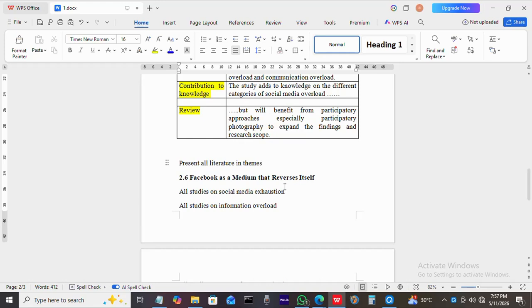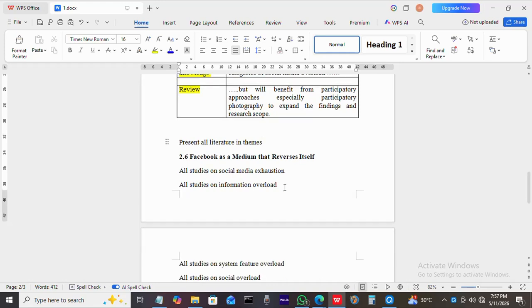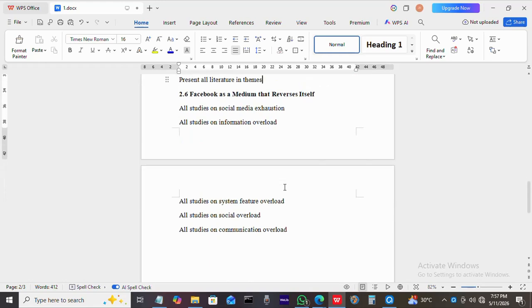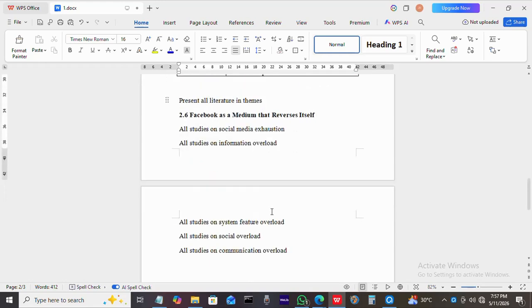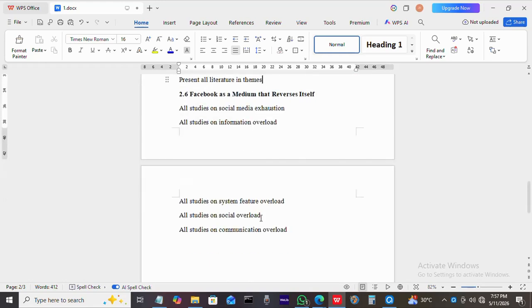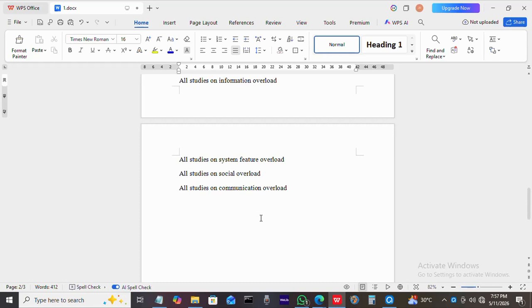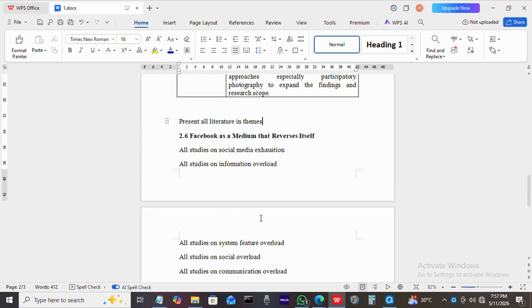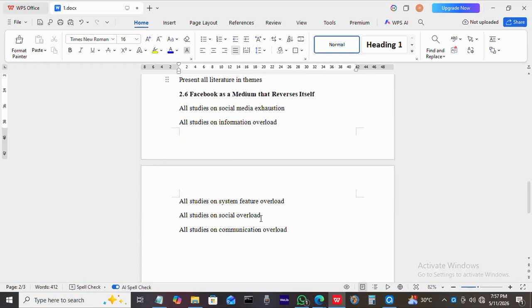Don't talk about social media exhaustion, then jump to communication overload, then come back to system overload, then jump to social overload. We want them in categories, in themes, so that there is logic, there is reasoning, there is a line of thought that anybody reading it will get the gist of what the research is talking about.